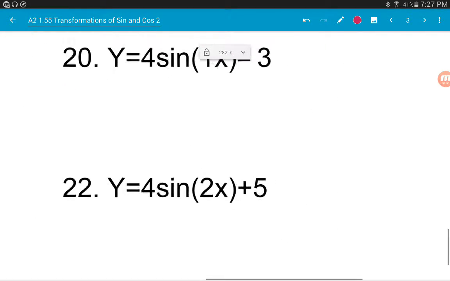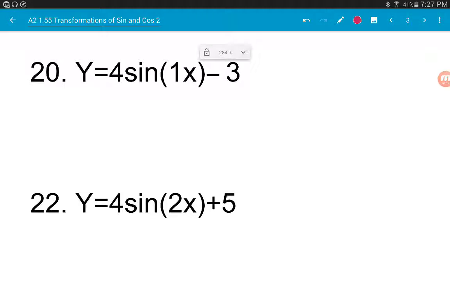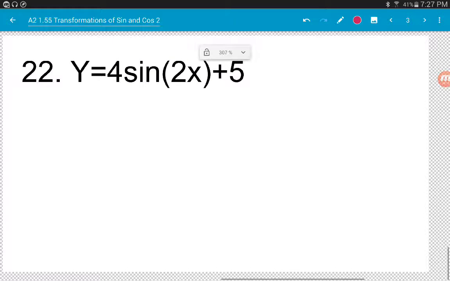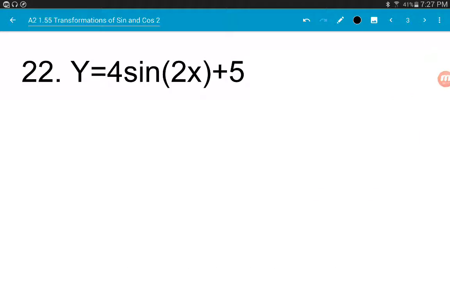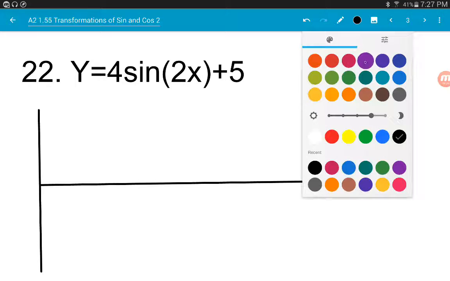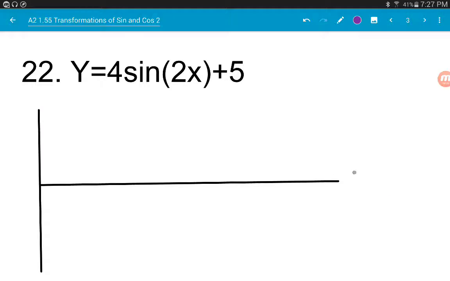So let's pick question number 20. I guess I'd rather do 22. It's a little more intricate. Let's do 22. I need my axes first. I know that this line is going to be y equals 5, because the positive 5 in the end, that's the midline.